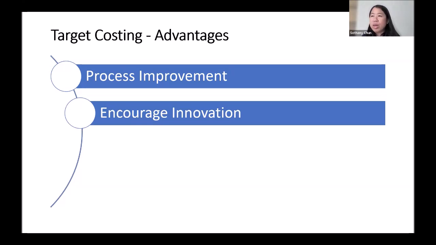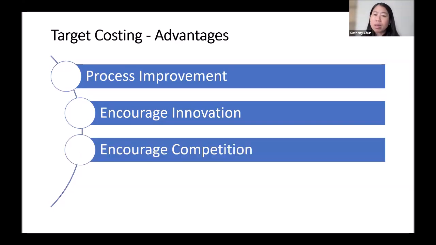Again, it encourages innovation, because one biggest way to reduce the cost in any production is innovation. Doing things a little bit differently from others can result in cost reduction.